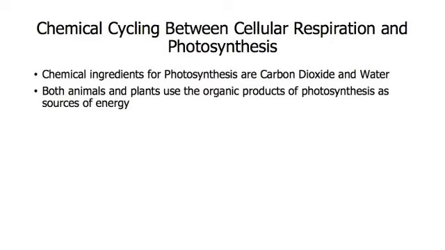A byproduct of photosynthesis is oxygen gas. Both animals and plants use organic products of photosynthesis as sources of energy. A chemical process called cellular respiration harvests the energy that is stored in sugars and other organic molecules.